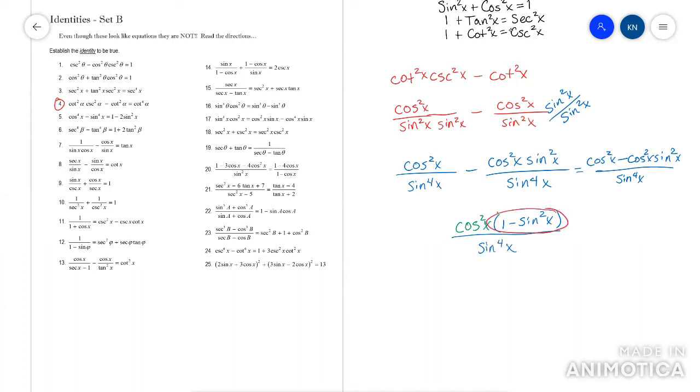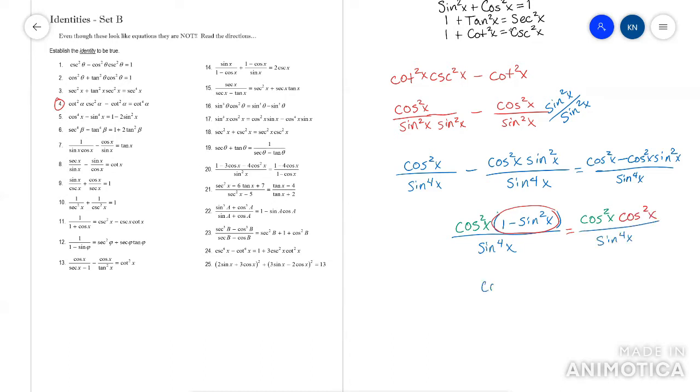Now this part right here is rule 1. 1 minus sine squared is cosine squared. So the green cosine squared didn't change. This part becomes cosine squared. And it's all over that sine 4.